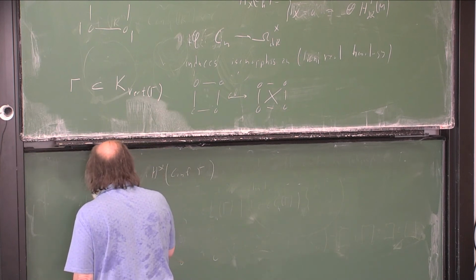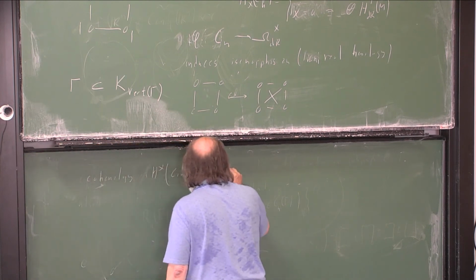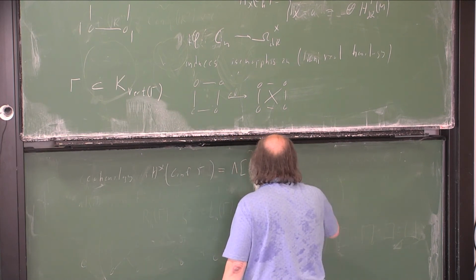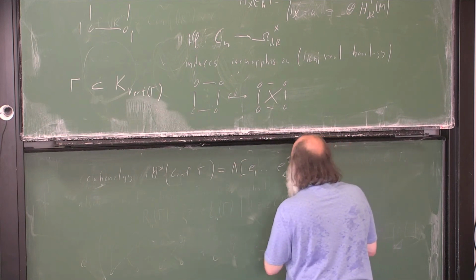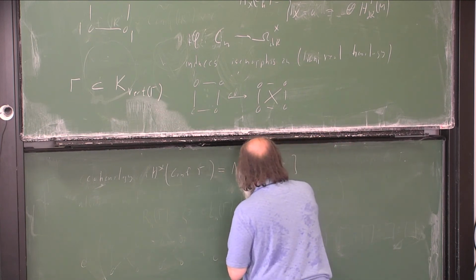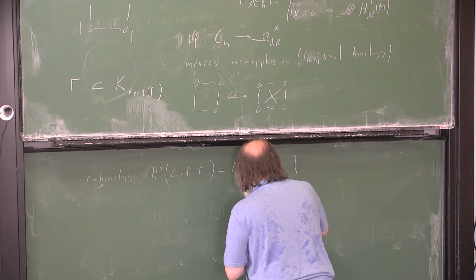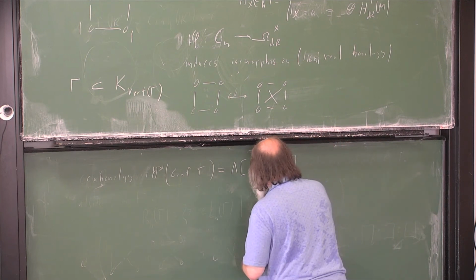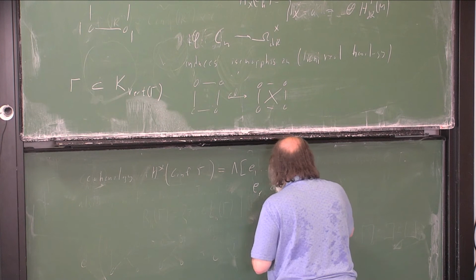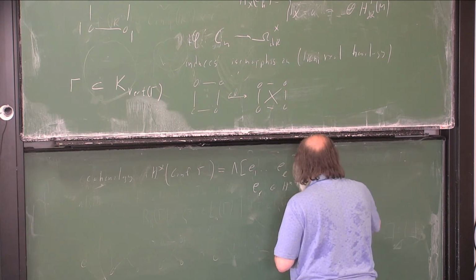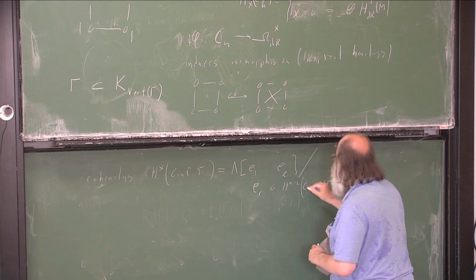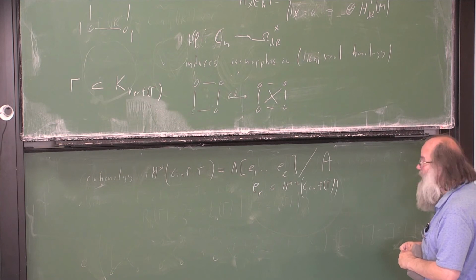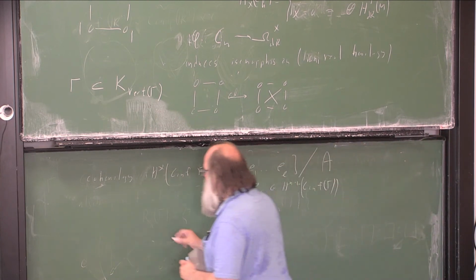The answer is that this is an exterior algebra in generators e_i in degree, one for each edge of gamma, and there's a number of relations, and these relations are given in the following way.